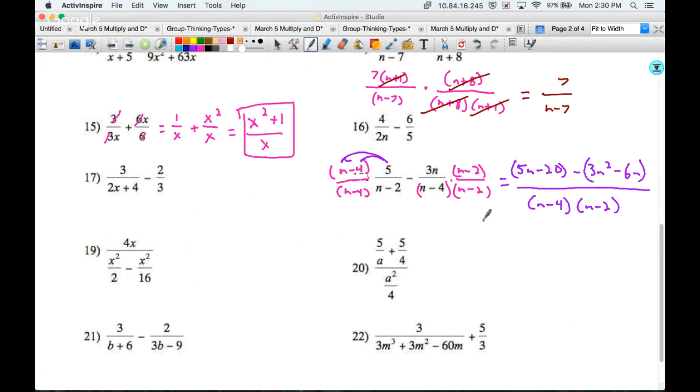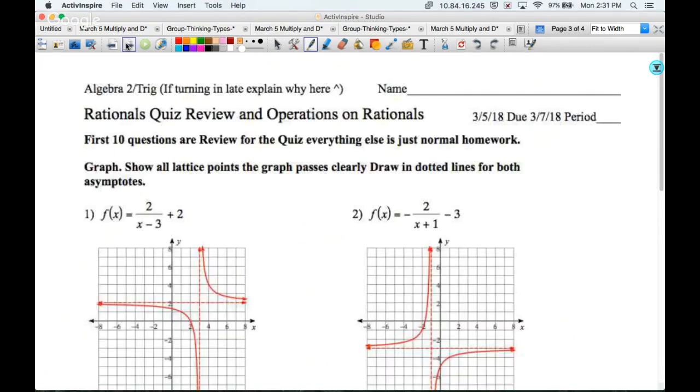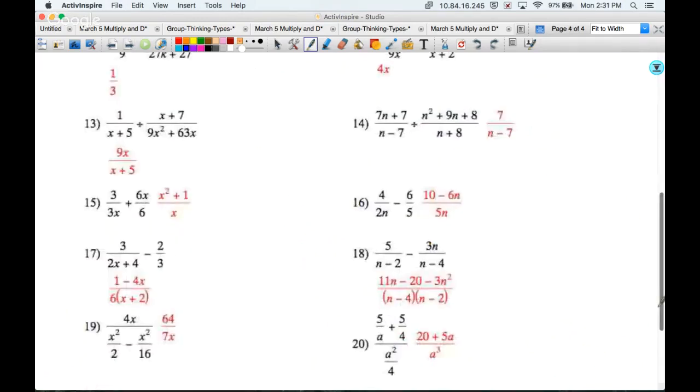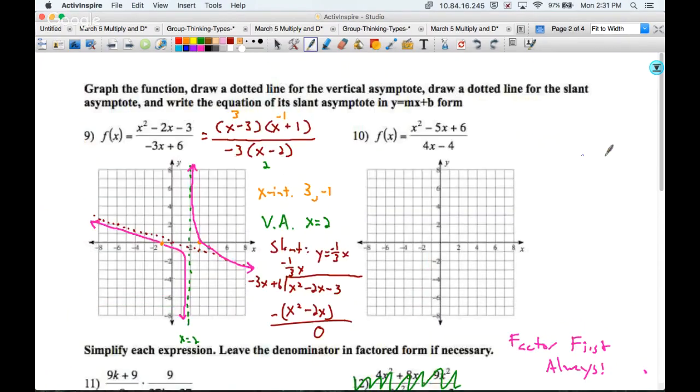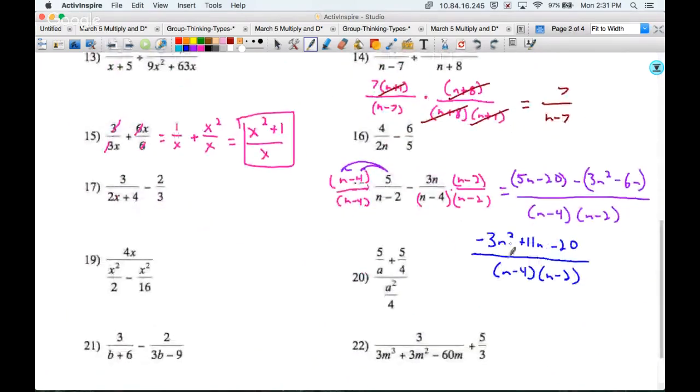We're going to get negative 3n squared, 5n plus 6n is 11n, minus 20, all divided by n minus 4, n minus 2. So we're going to leave our answer like that. Let's see how that compares with the correct answer. Make sure I'm at least on the right track. Yep, just in a very different order in the answer key, but I like my order better here. It looks more like standard form.